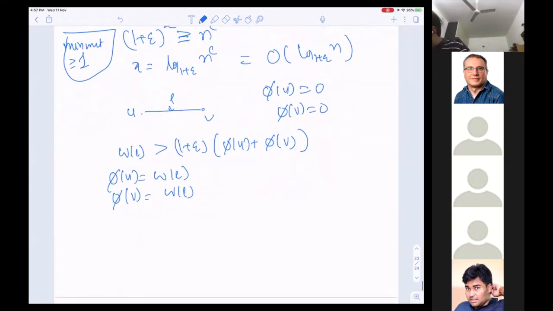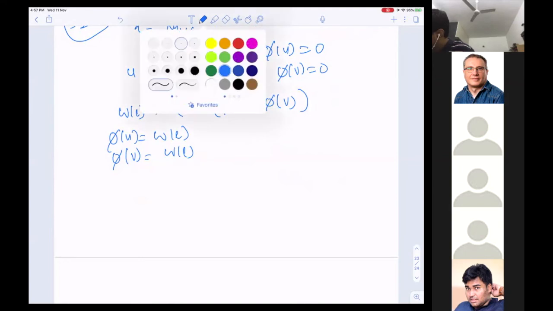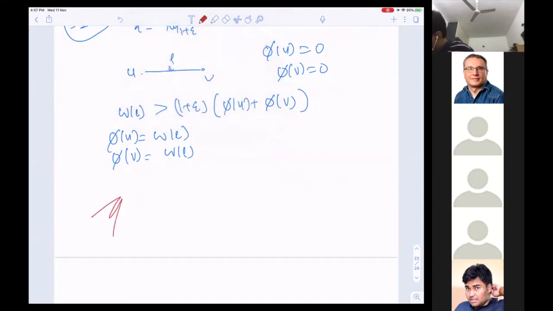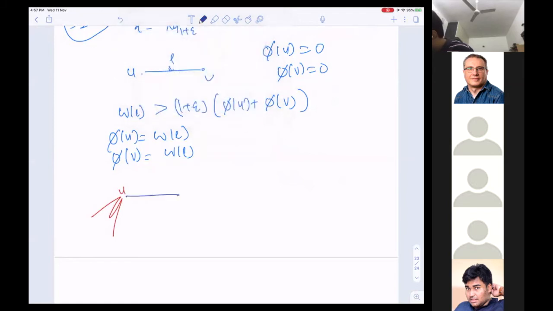So if both u and v are 0, then this is fine. But the problem will happen here. This is u, and here you have added a new vertex v. E is the first edge incident on v that is added.